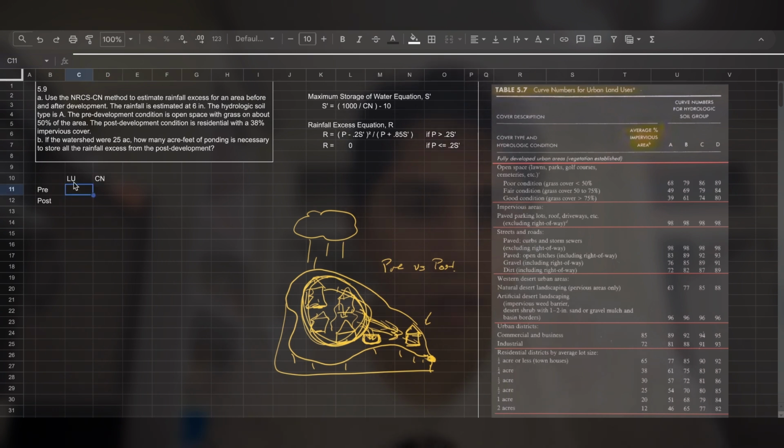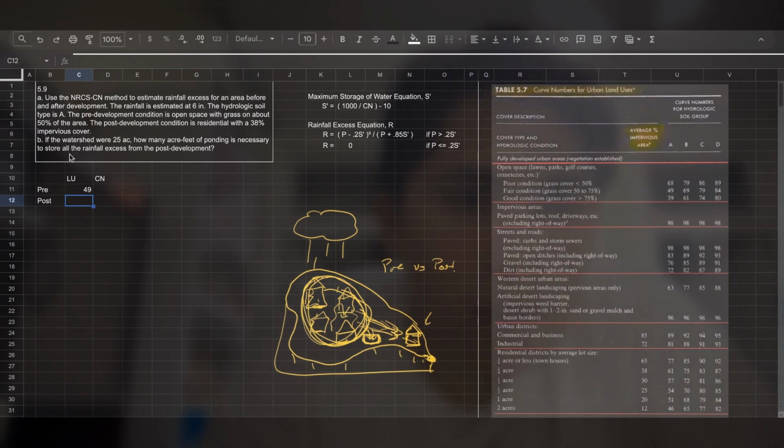For the land use of the pre-development, we have open space with grass on about 50% of the area. If we go to our table, we got open space with grass about 50%, so it's a fair condition. And the type of soil is A, I think. Yeah, type is A. So we're gonna use a value of 49.